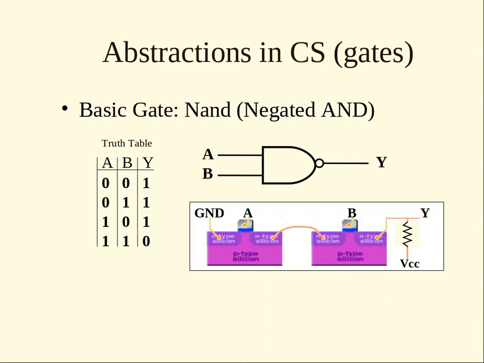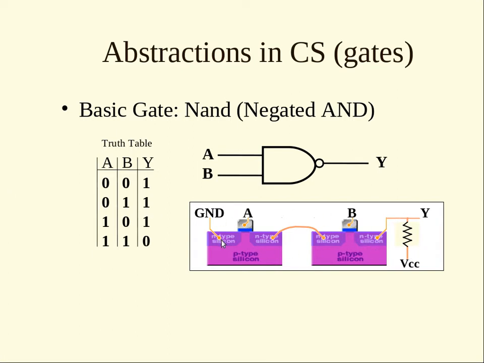All right, so the NAND ends up looking something like this. Notice that the two transistors are in series. Since they're in series, in order for this wire to connect to ground, they both have to be connected, which means that electricity will only flow to ground if both A and B are on.